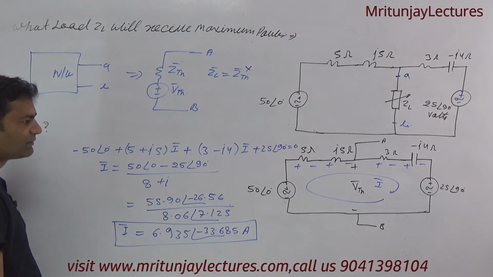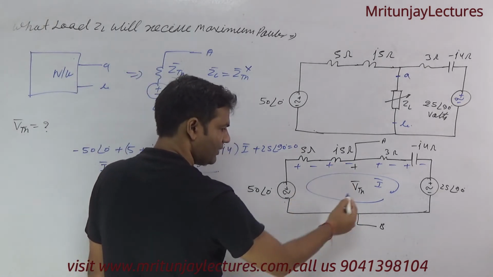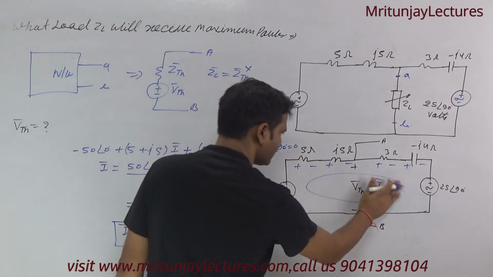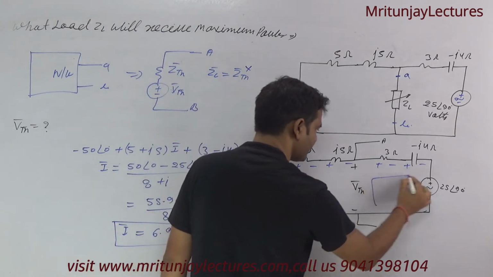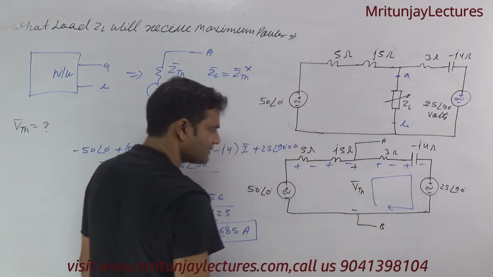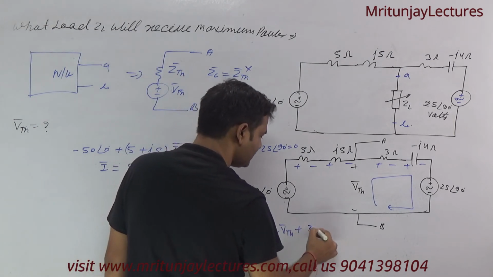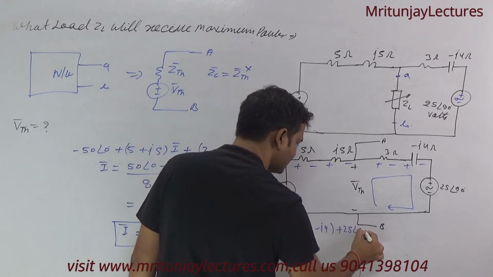But our motto is to determine VTH. How can we determine VTH? From this terminal, follow this loop or that loop, whatever. Now if you follow this loop, minus to plus, minus VTH plus (3 minus j4) I plus 25 at the angle 90 degree.